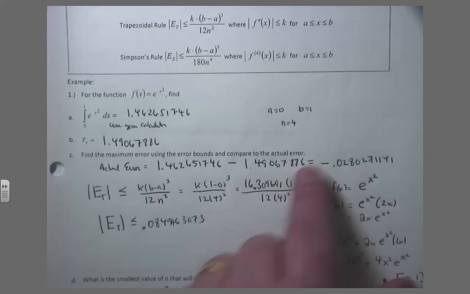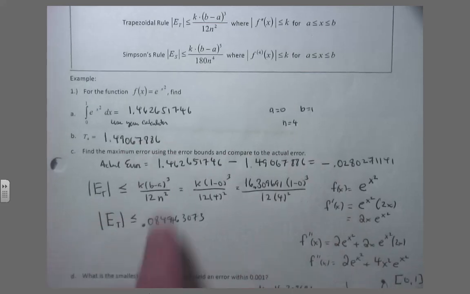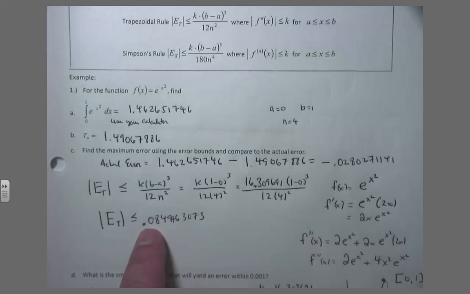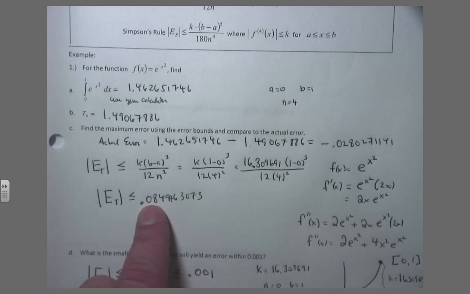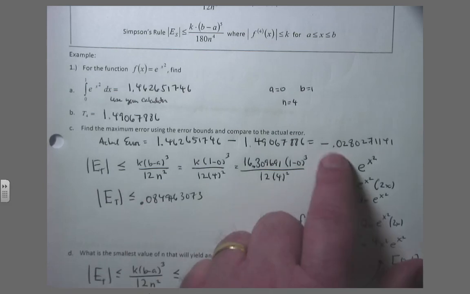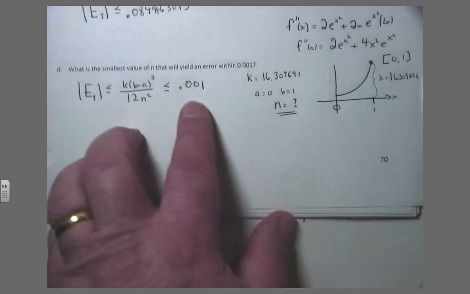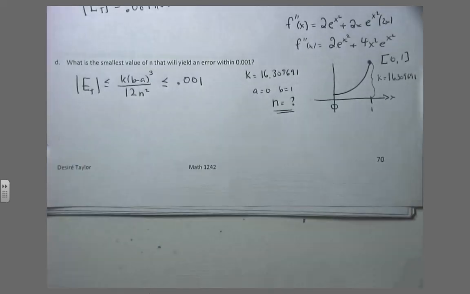We took 4 partitions, and my error bound was less than or equal to 0.08. That's correct to pretty much one decimal place. I want it to be accurate within 0.001. How many partitions do I need?